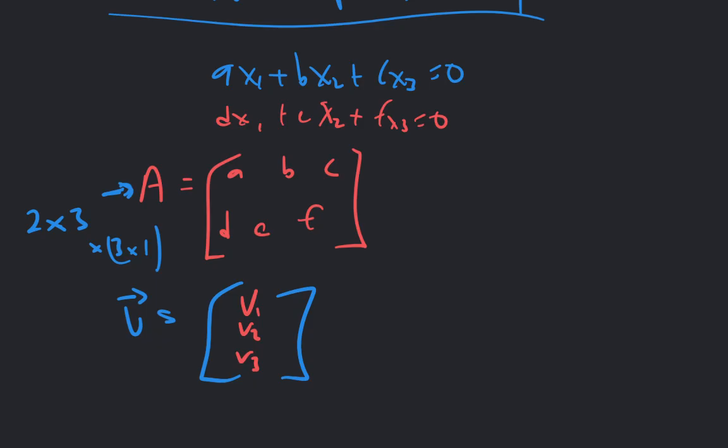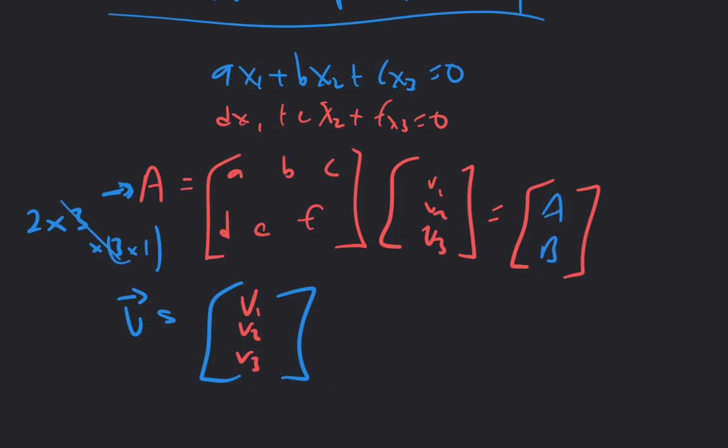So we would multiply by v1, v2, v3, and by matrix multiplication rules, we would end up with a 2 by 1, so whatever A and B are.